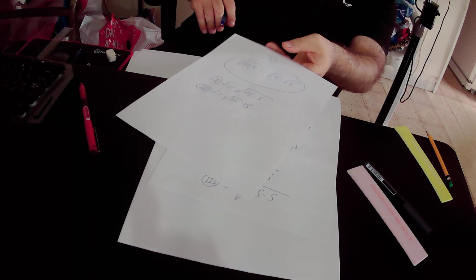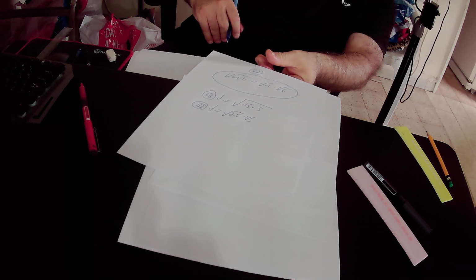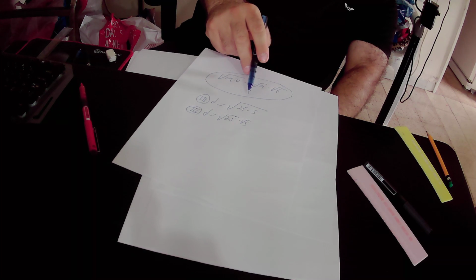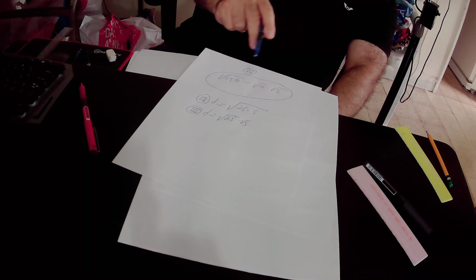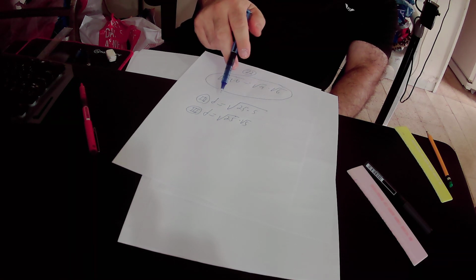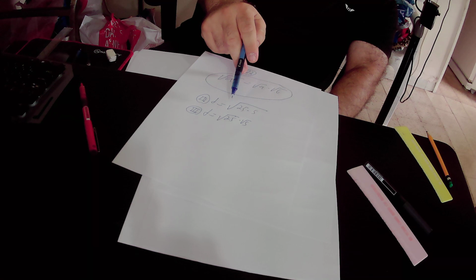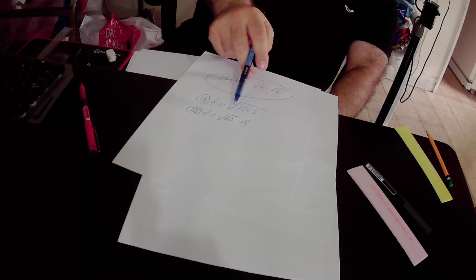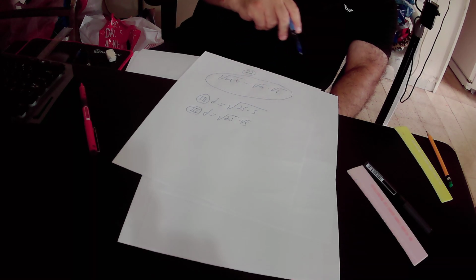Here, instead of root of 25 times 5, I split the root into 2 roots according to this rule, and I got that d equals root 25 times root 5.